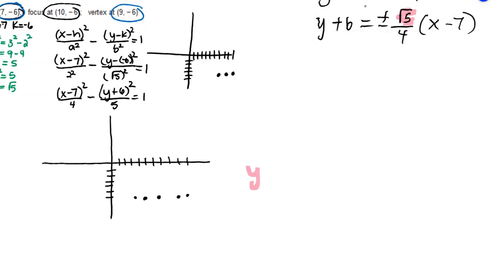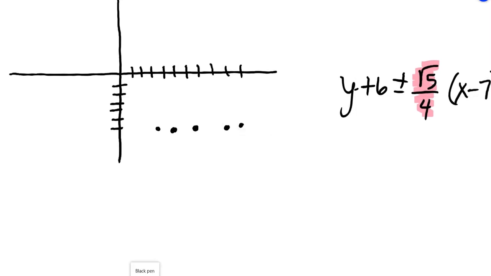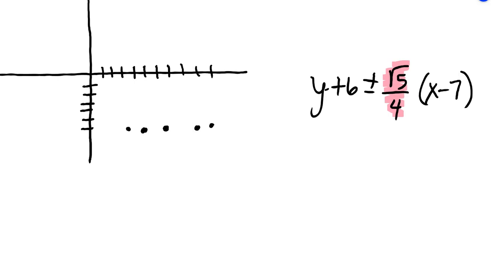Let me write that asymptote down here so I don't lose it. y plus 6 equals plus or minus the square root of 5 over 4 times (x minus 7). Okay, so I need that. I need the slope to help me draw the asymptote. So from the center at (7, -6), I want to rise 2 1/4, so go up 2 1/4 and run 4. 1, 2, 3, 4.